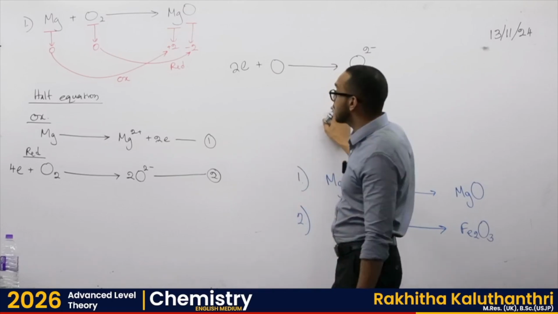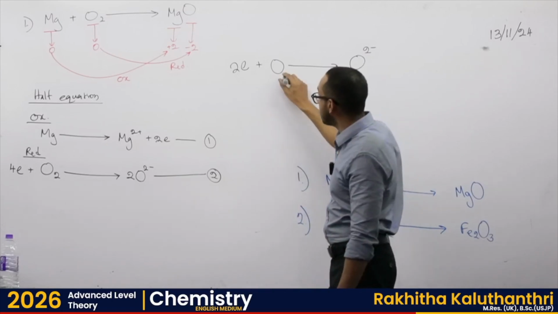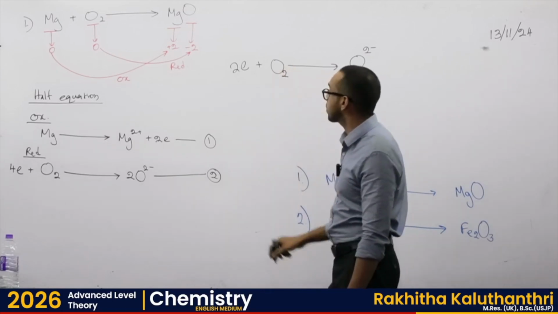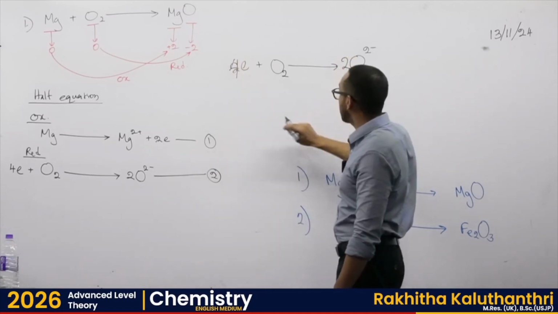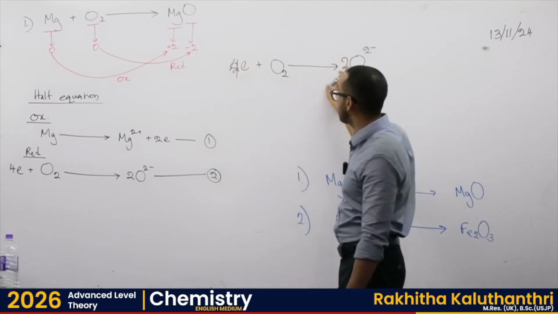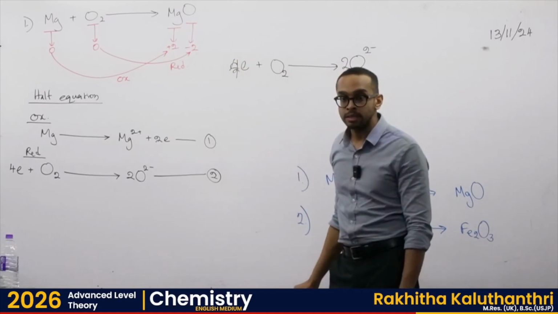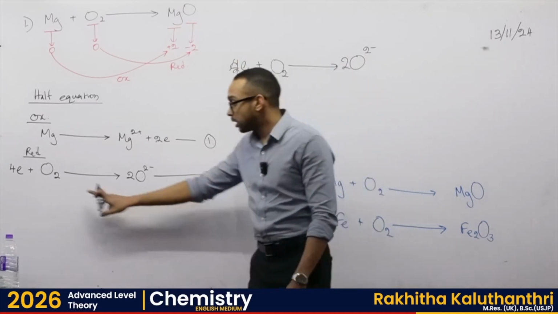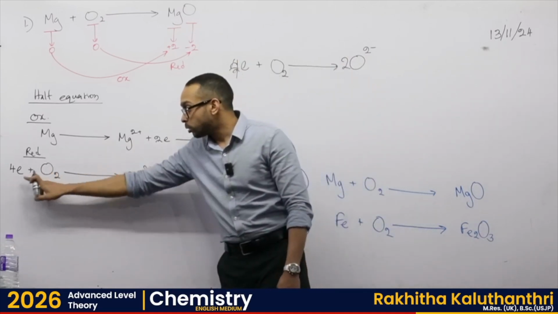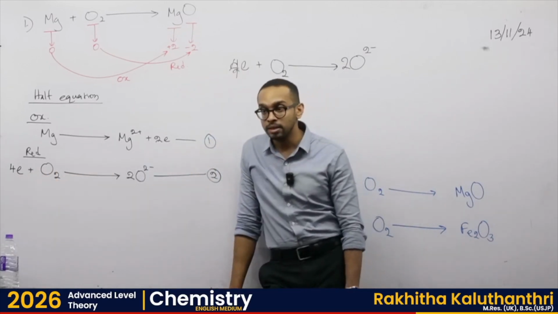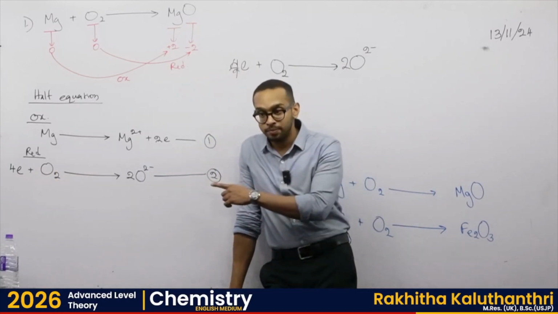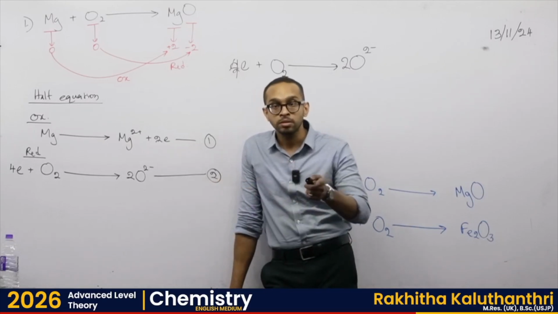But the thing is, we have 2 oxygen atoms forming O2. So that means we need 4 electrons given to the O2 molecule to form 2 oxide ions. Is that clear? So the oxygen molecule should be gaining 4 electrons altogether. Did you understand this part? Is that clear now? Right?